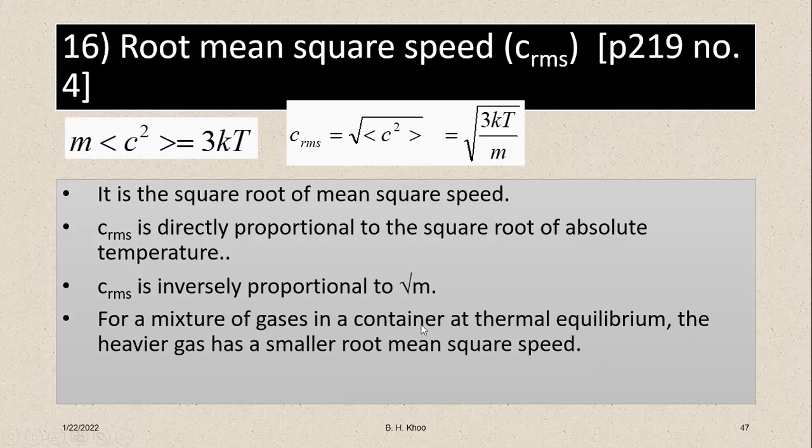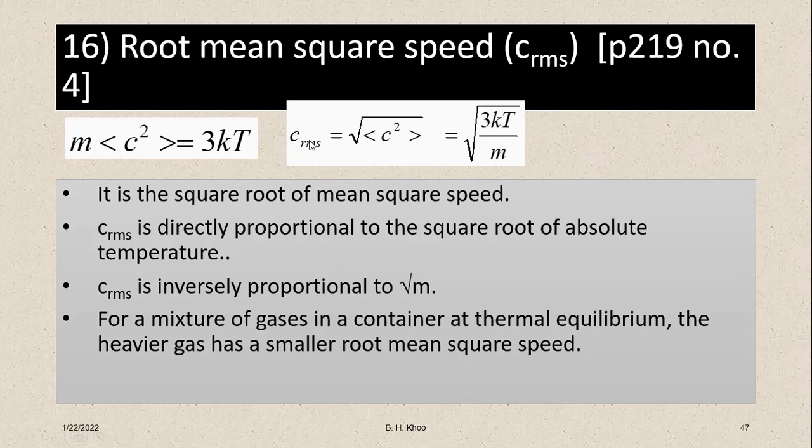For a mixture of gas in a container at thermal equilibrium, that means at constant temperature, the heavier mass has a smaller root mean square speed. All of them have the same temperature. Sorry, correction: if the mass is heavier, then it has a smaller root mean square speed.